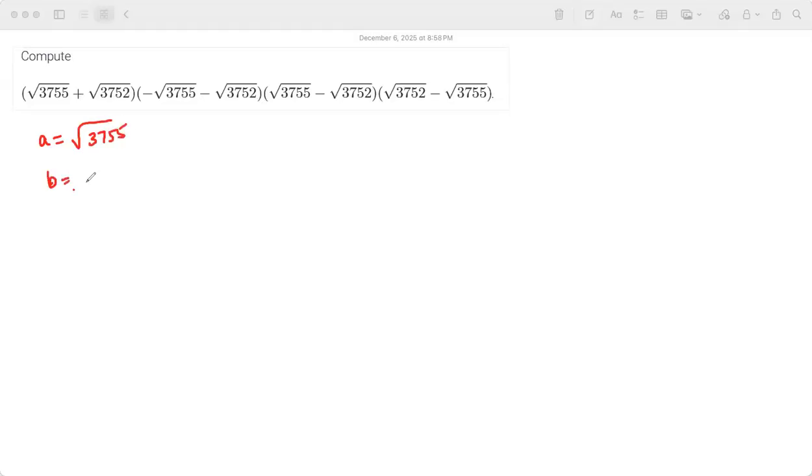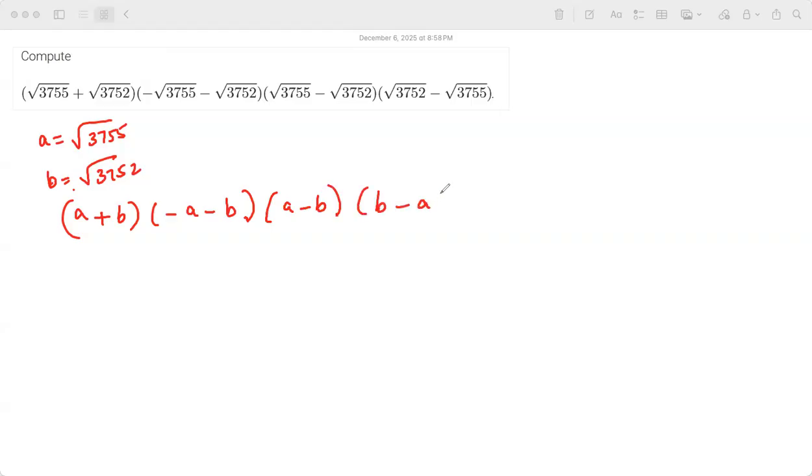Anish, are you getting the answers? Yeah. Okay. A plus B, minus A minus B, then A minus B, and then B minus A, I think. Correct. Oh my goodness, what is this?